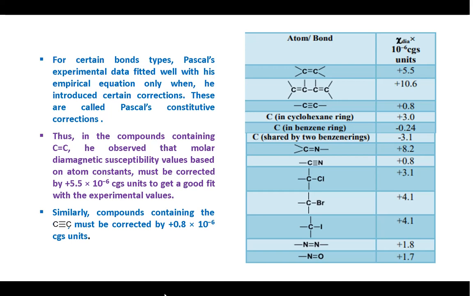Thus, in compounds containing a C double bond, he observed that molar diamagnetic susceptibility values, based on atom constants, have to be corrected by plus 5.5 into 10 raised to power minus 6 CGS units, to get a good fit with the experimental values. Similarly, compounds containing the C triple bond have to be corrected by plus 0.8 into 10 raised to power minus 6 CGS units.